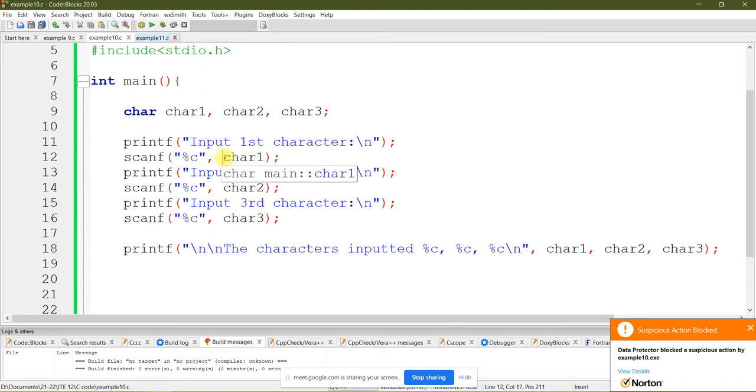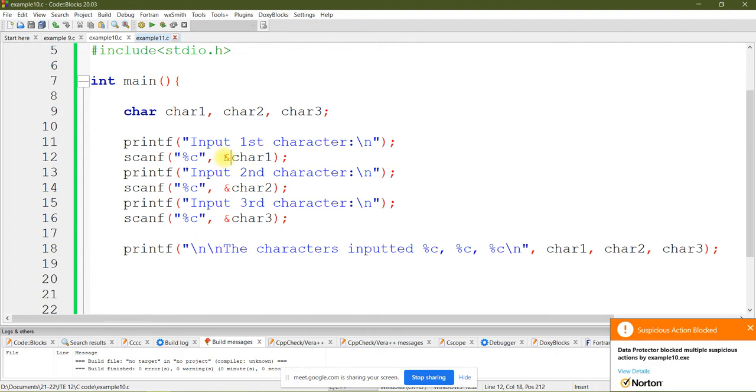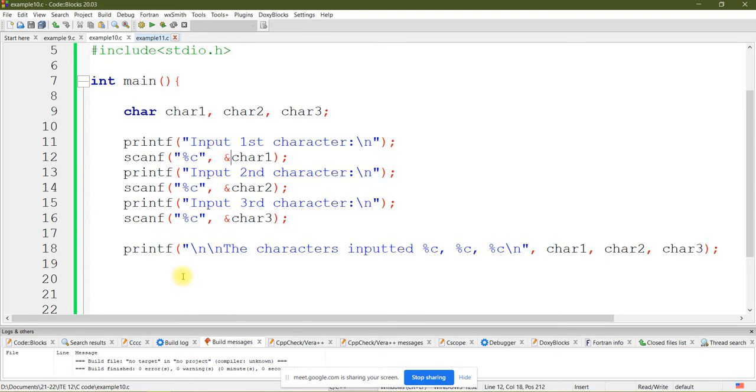Yes, very good. Without the ampersand, the code suddenly exits. What happened is the compiler had a problem storing your inputted variable. So you need the ampersand.